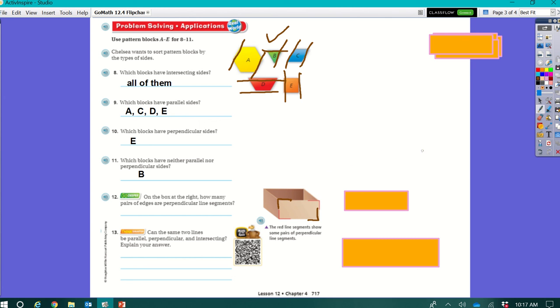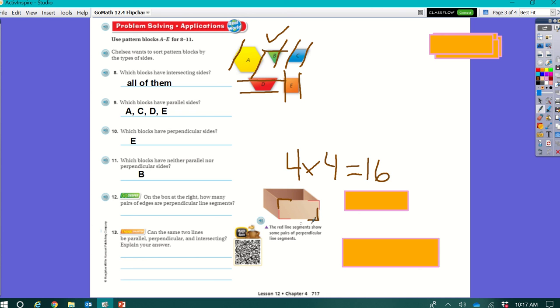So if I know there are 4 sides to the box, and I see 4 edges that are perpendicular on each side, I know there'll be 4 here, 4 here, 4 here, and 4 here, or 4 groups of 4. So I know 4 groups of 4 is equal to 16.